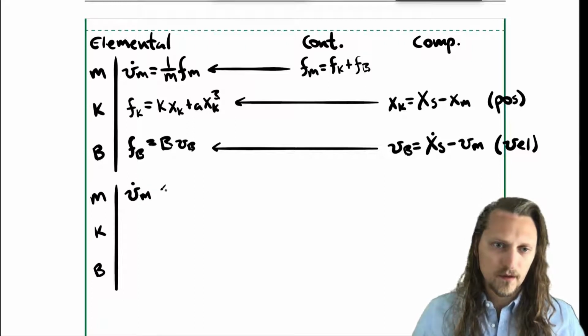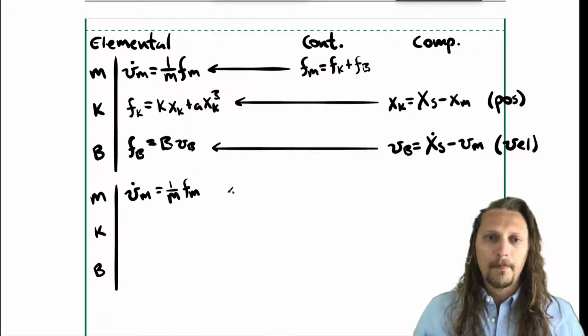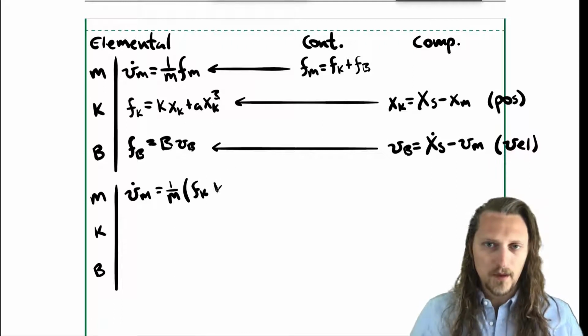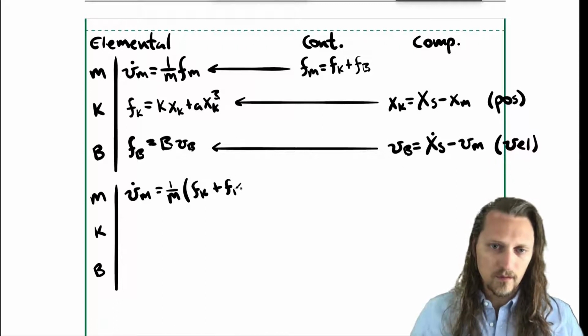Vm dot equals 1 over m Fm. Oh, sorry, not Fm, of course, that's what we're doing in this step. Fk plus Fb.